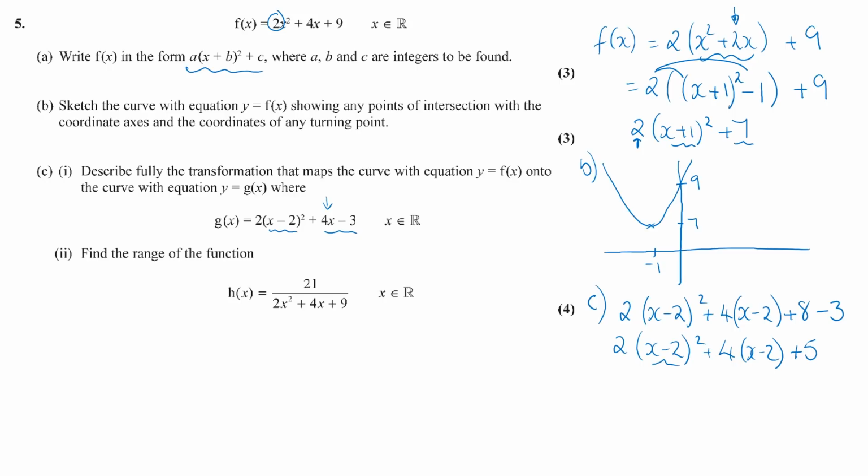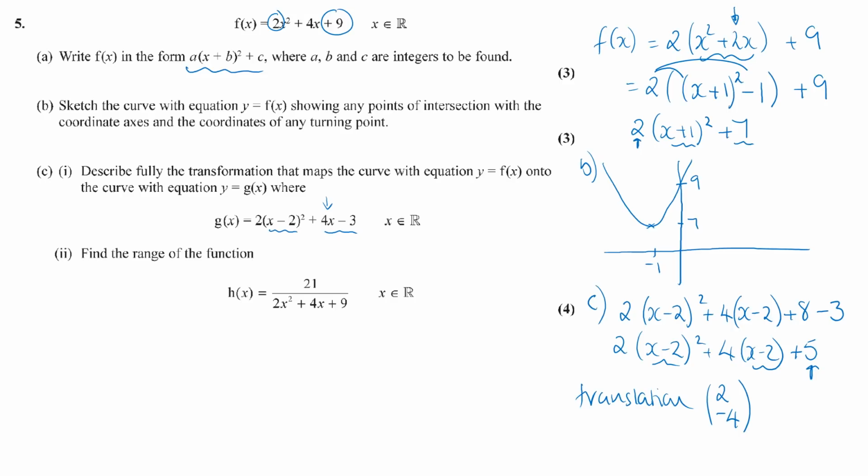Now these x minus 2's are going to shift the graph 2 to the right, but then this 5 compared to this 9 is going to shift it 4 down. So altogether it's going to be a translation of 2 to the right and 4 down.